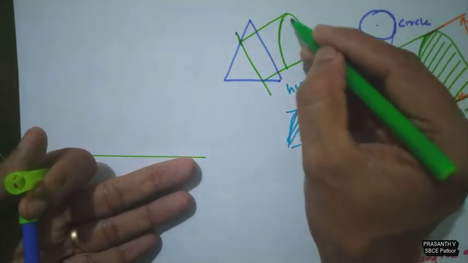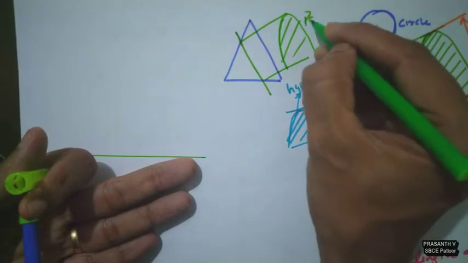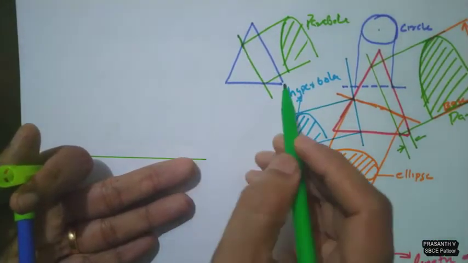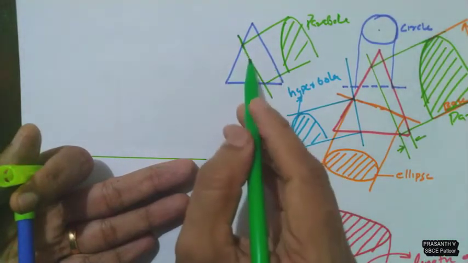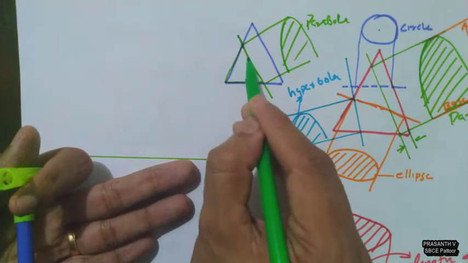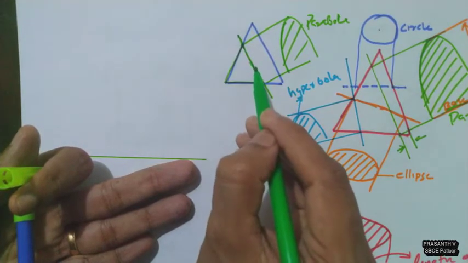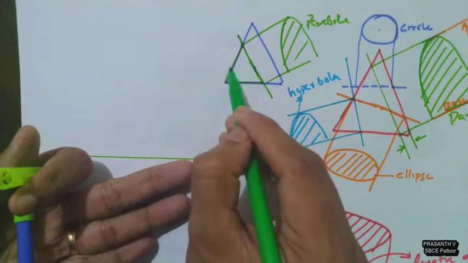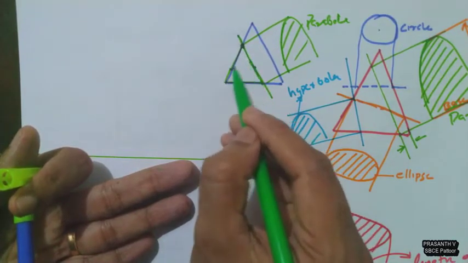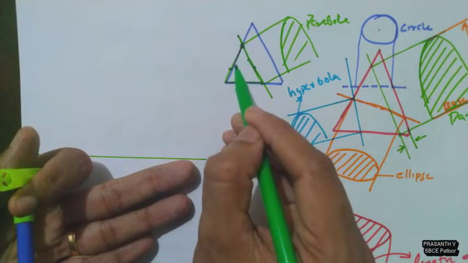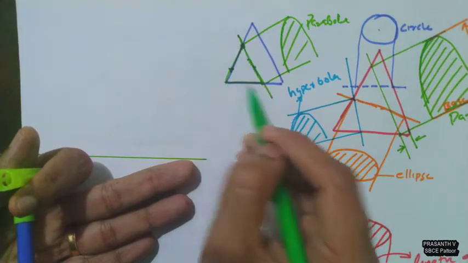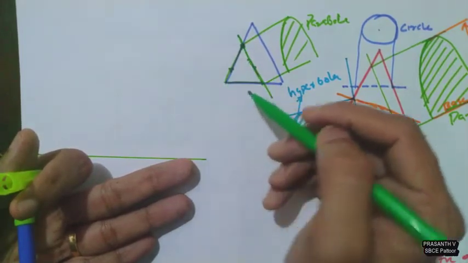You know this will be a parabola. Here we can see, if I cut a line parallel to the end generator, the remaining portion obtained is an isosceles triangle, which means both these two sides will be equal. The length of the section plane on this side and the end generator on this side will be equal. So this will be an isosceles triangle.